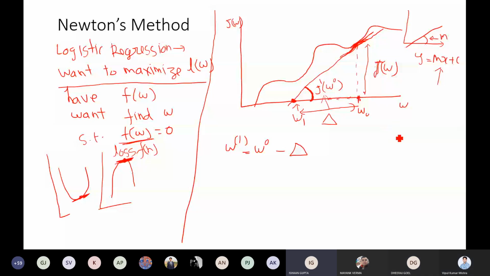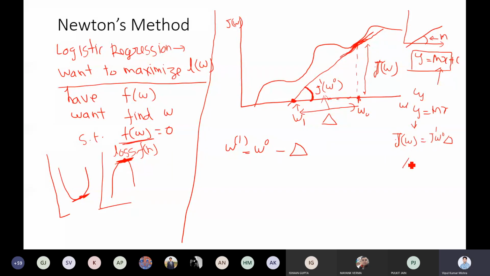Yes, sorry, tan. So here, if we have just a simple y equal to mx, let me replace all things here. Here y is your J of W. What is m? It is J dash W0. And what is x here? This is the delta value that we are looking for. Can we say it like this?